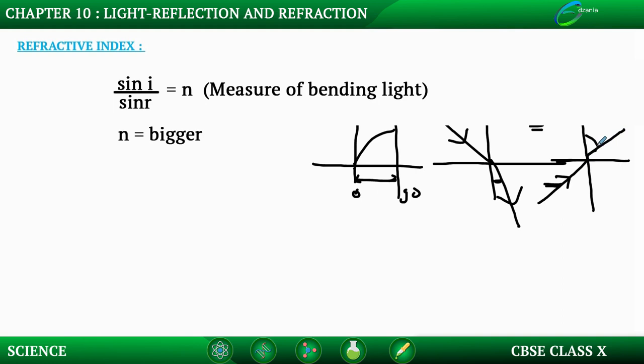So we can say when it is entering from a faster medium to a slower medium, the refracted ray is bending towards the normal, and when it is entering from a slower medium to a faster medium, it is bending away from the normal. The analogy of ground and water fits in here as well. In the faster medium, we will try to cover maximum distance. In the slower medium, we will reduce the path length.